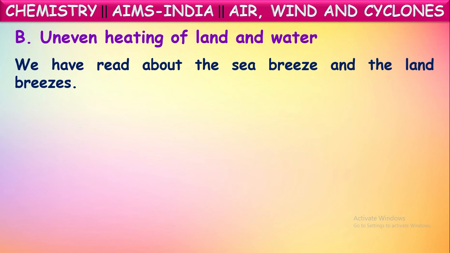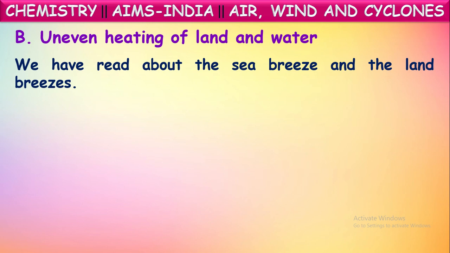This is called land breeze. In the daytime, or in the summer season, land becomes warmer faster and the sea is cooler. Pressure on the land is reduced because the air rises up. Now the cool breeze from the oceans and seas moves to the land. That is called sea breeze.